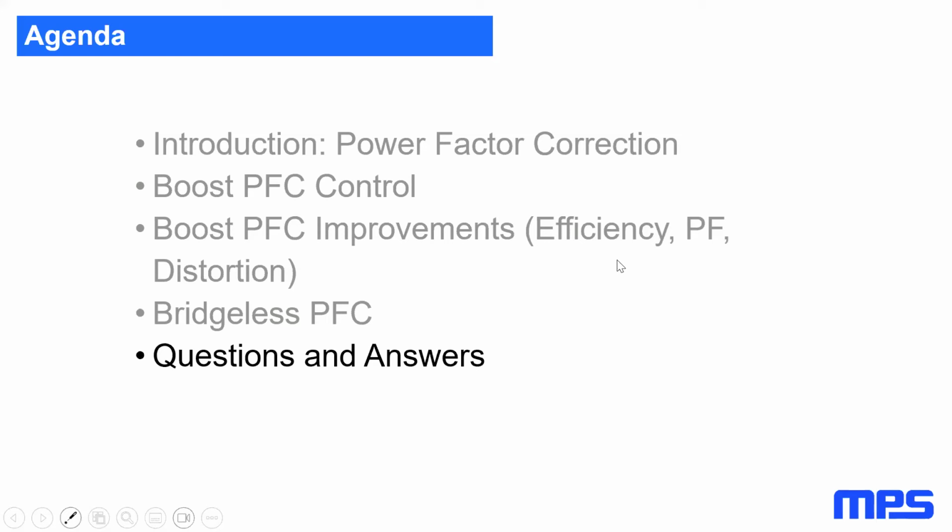Okay, next one is, how do you manage the dead time in discontinuous mode with GaN semiconductors? The third-quadrant diode is quite critical. Okay, let's see. Maybe this will be a bit long to get into. I've not necessarily prepared this, so why don't we answer later on?